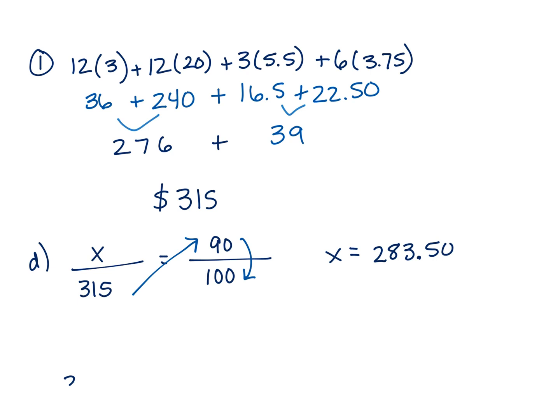And that would be our percent out of 100. And we're going to use a different variable. We'll use y this time. And cross multiplying and dividing here, we should end up with $334.53.